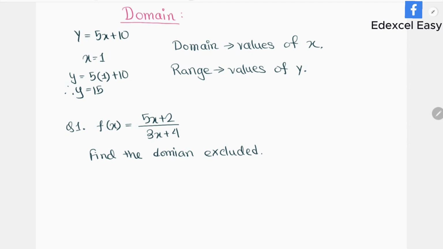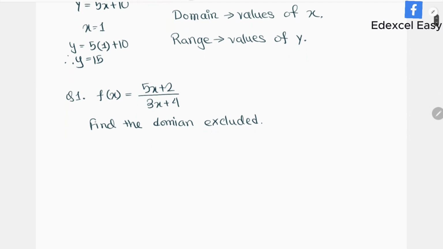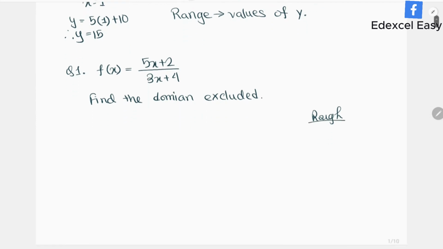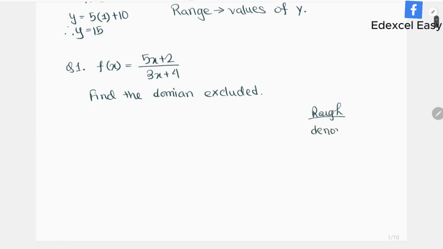What we actually have to do to solve this is a rough work to find that value first. You take the denominator and make it equal to 0. So I'll just write it out as a rough over here. Denominator equals 0. So the denominator of the equation was 3x plus 4 equals 0, and we have 3x equals minus 4.